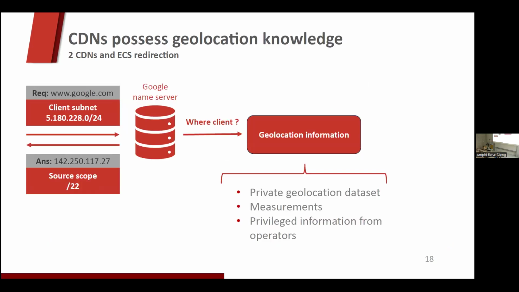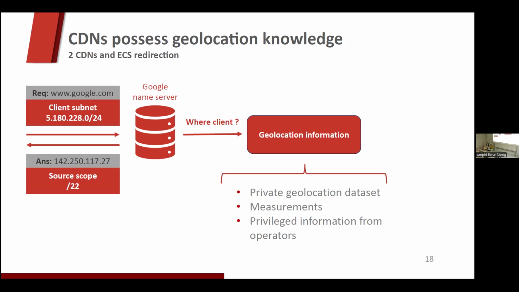So what happens when the name server is doing the redirection? Again, very roughly, it will interrogate a geolocation database to know where the client is, to assign an optimal server, let's say. This geolocation information can be of different nature: either private companies' datasets, measurements made by the CDN itself, or privileged information from operators, because those CDNs are working in close relationship with internet service providers that host their clients.